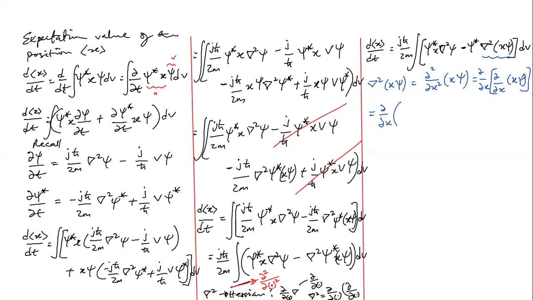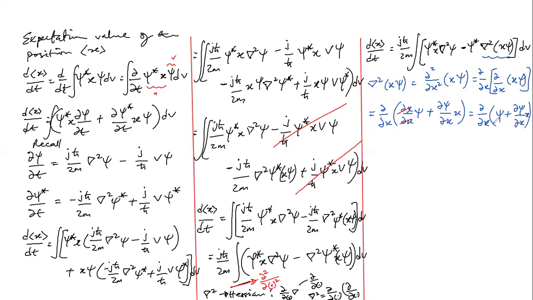Once we resolve this, it is the same as the product rule, u dv, right? So that will give us dx by dx psi plus x dpsi by dx. The dx by dx is going to give us 1, so this will truncate this, and it reduces to psi. Then we come to this again, d by dx of psi plus x dpsi by dx.